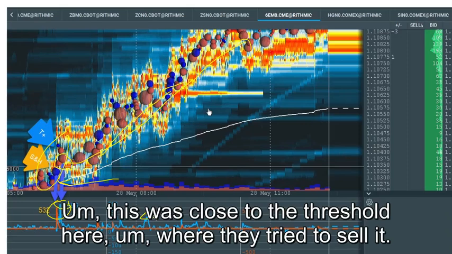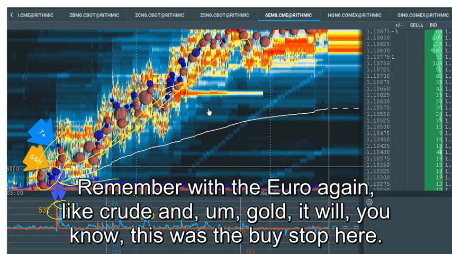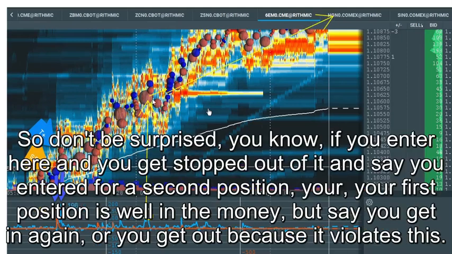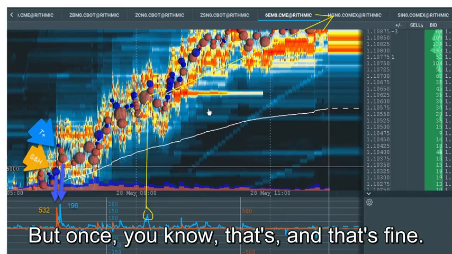This was close to the threshold here, where they tried to sell it, went a little bit below. Remember, with the euro, like crude and gold, this was the buy stop here, the buy iceberg here, the Titanic, and it went a little bit below, but when it got above, then it was gone, right? So don't be surprised if you enter here and you get stopped out of it. Say you entered for a second position, your first position is well in the money, but you get out because it violates this. That's perfectly fine.